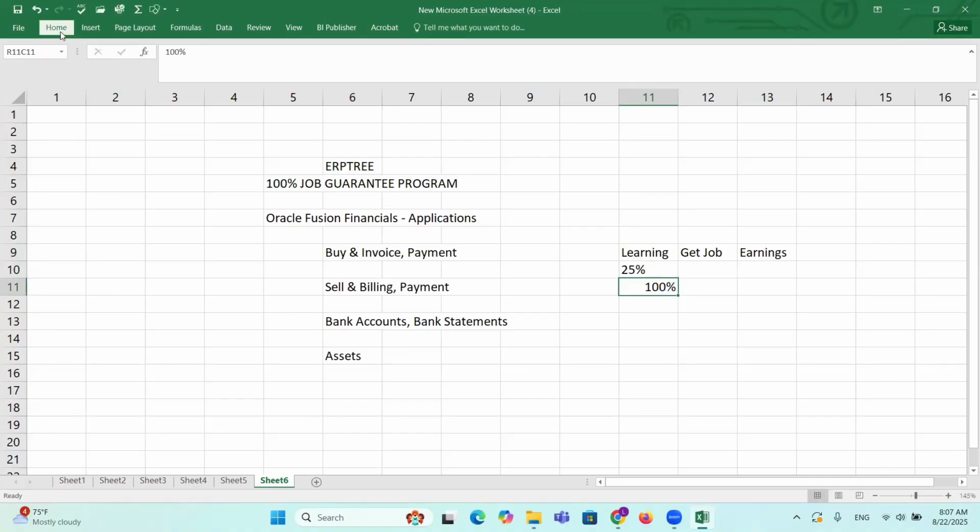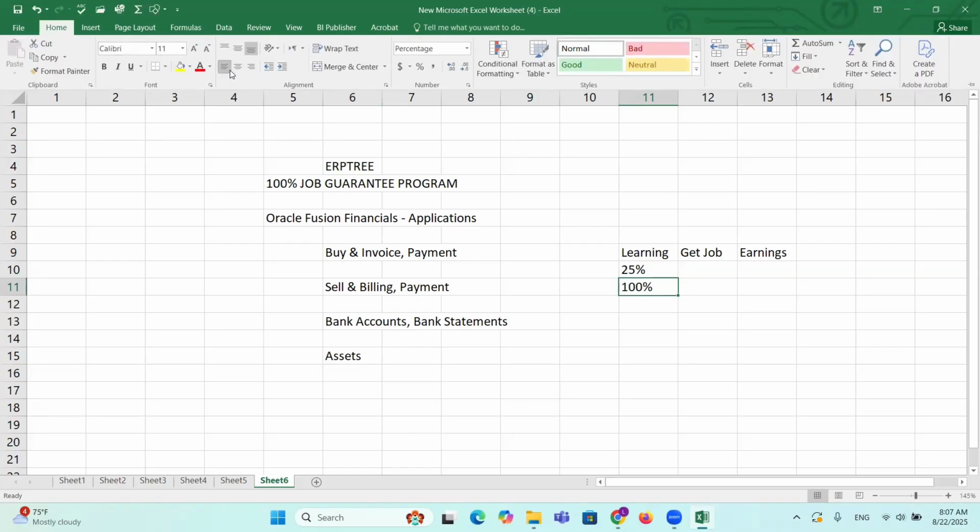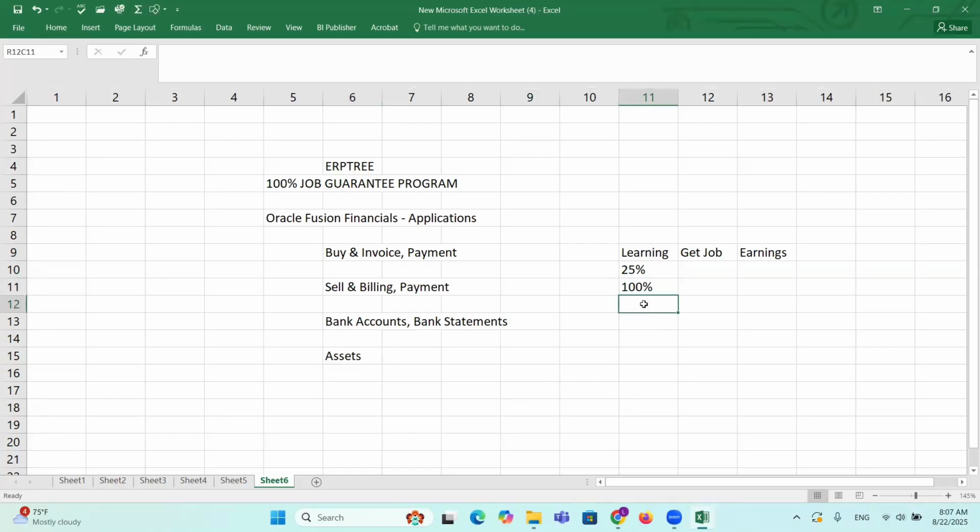Even if they get the job, fortunately or unfortunately, their struggles will start in their life, since the job is everything these days. Learning is 25%, but the job they are joining expects 100% learning.